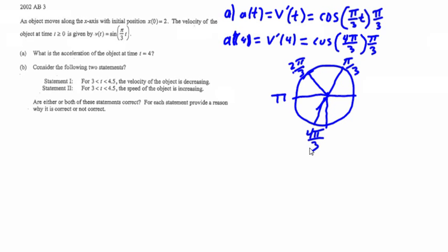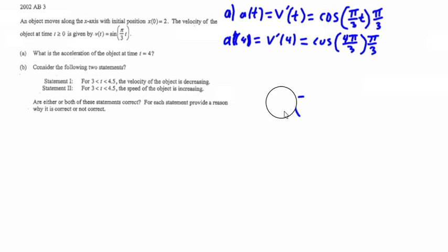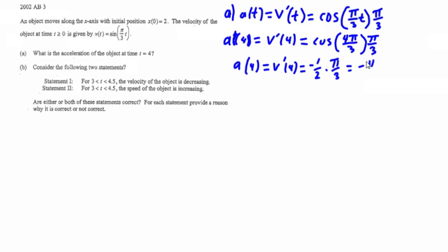And so going back, we take a of 4 equals v prime of 4 equals negative 1/2 times pi over 3, which equals negative pi over 6.